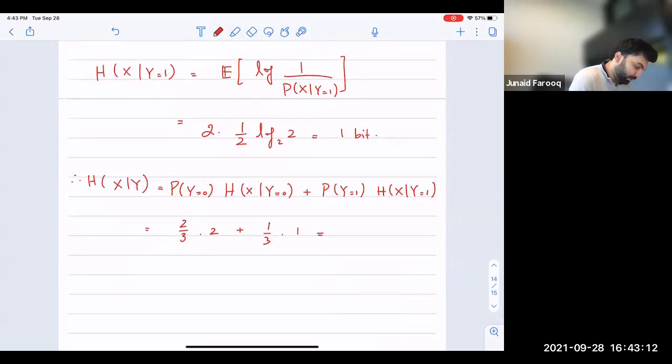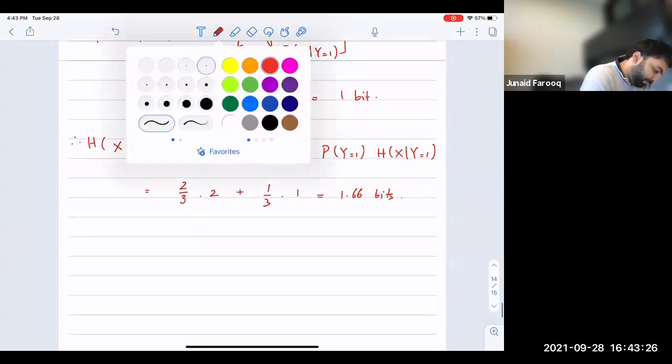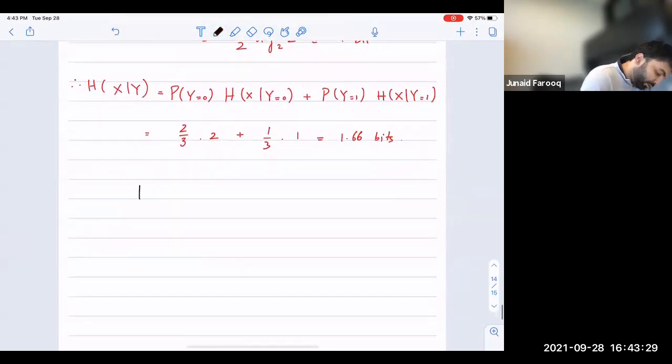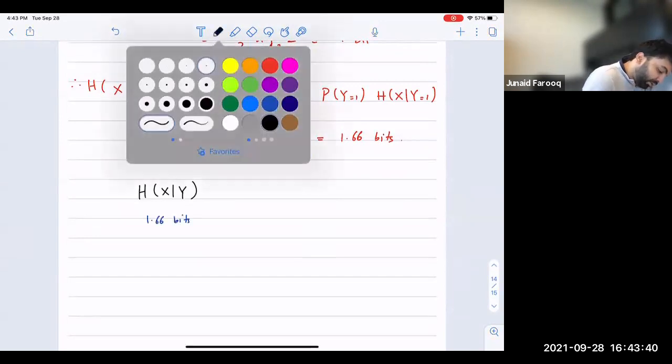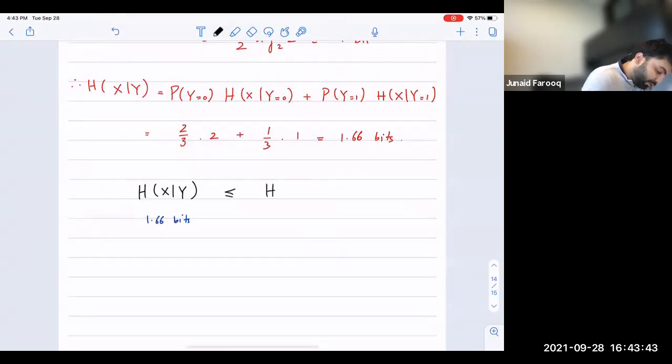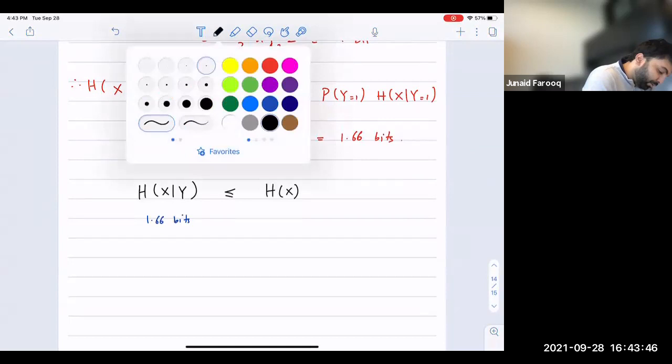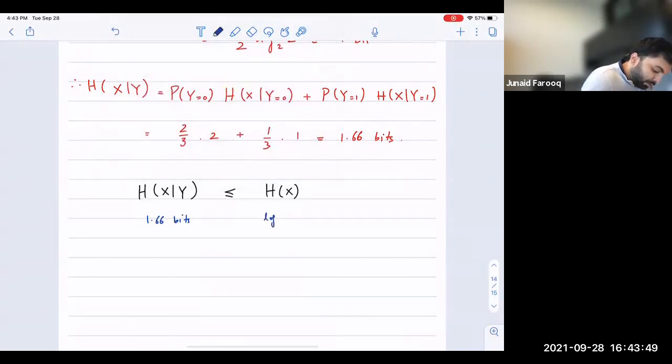So this is eventually 1.66 bits. That's the conditional entropy. And again, notice an important thing: h of x given y, which here is 1.66, is less than or equal to h of x, which if you compute is going to be log 2 of 6, which is 2.58.